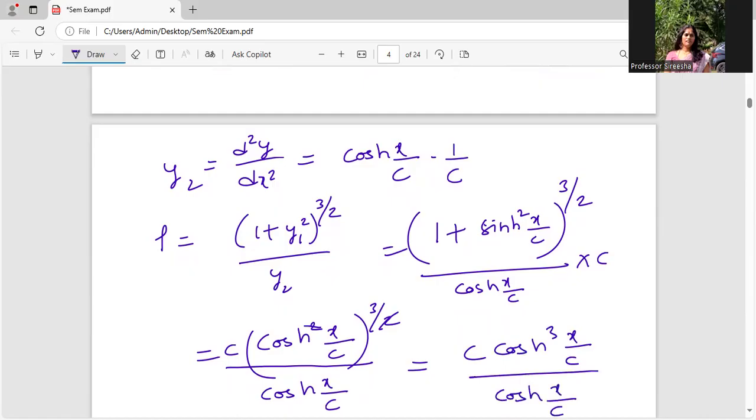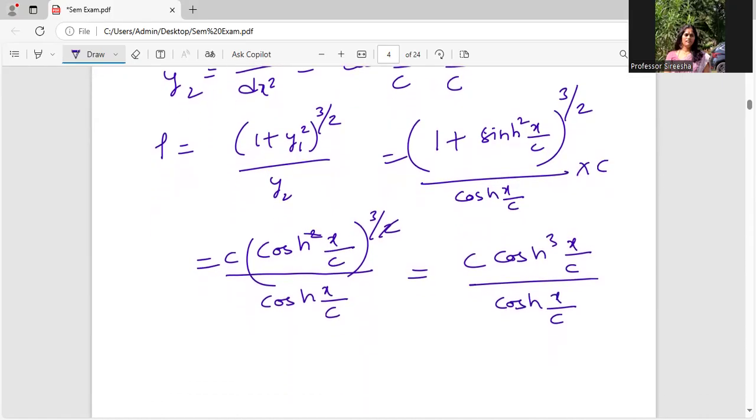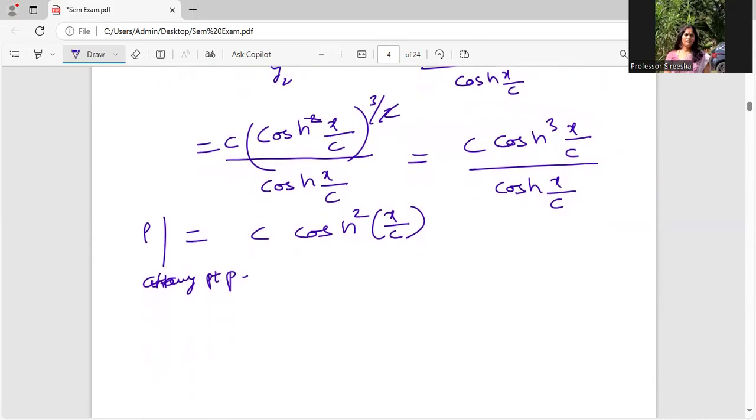Again cube and 1 go off, so I'll be left with c cos h square x by c. This would be my radius of curvature at any point P, guys. If I'm given a specific point, I'll evaluate at that point. This is how I will solve it, which is very easy.